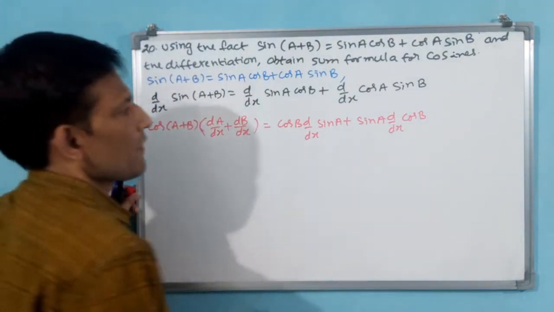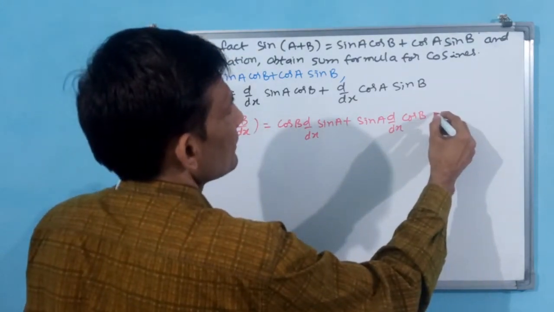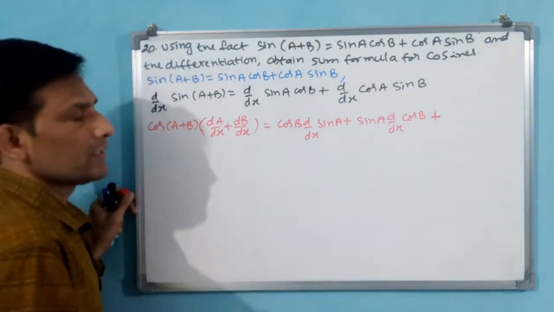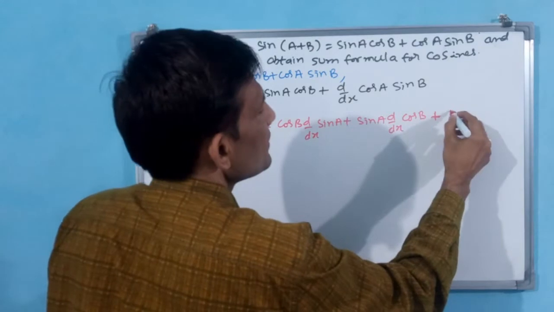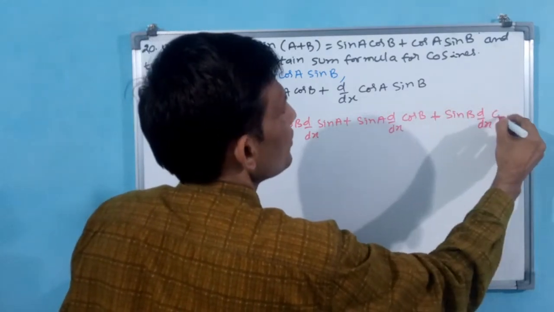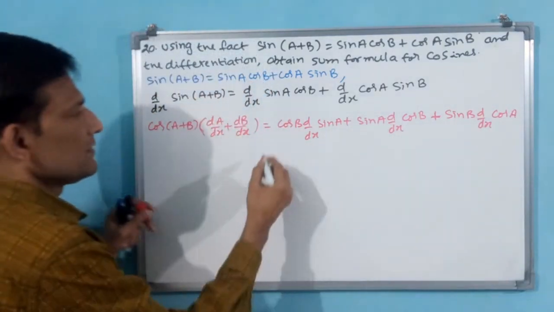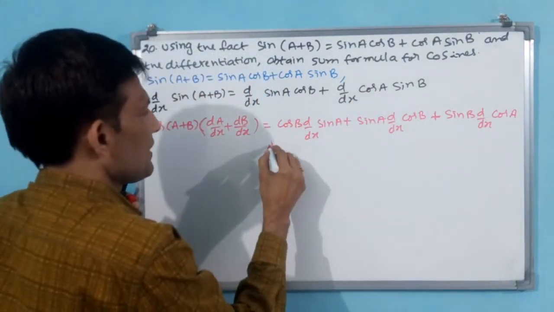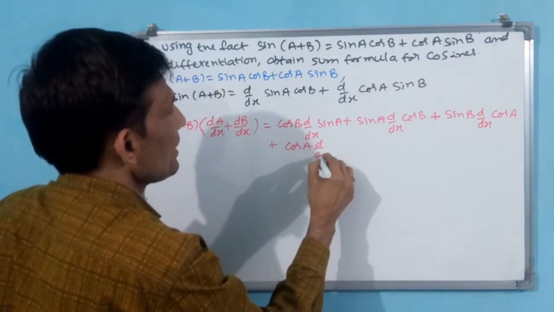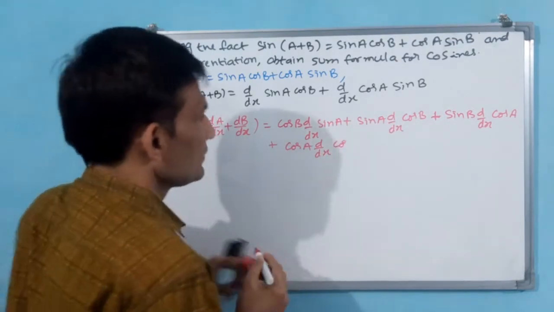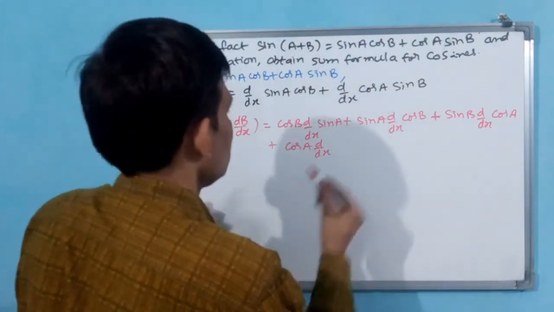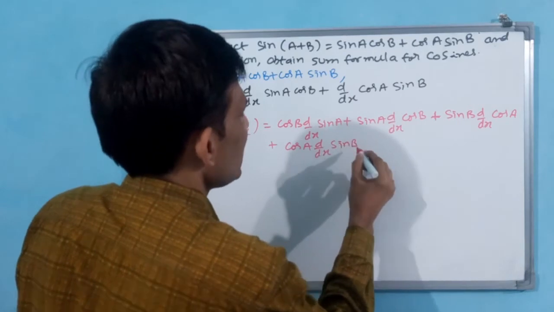Okay. Again, okay, write down. See, plus is there. That is why plus I am writing directly. v d by dx of u, again plus, yes, plus u d by dx of v, that means sin b.